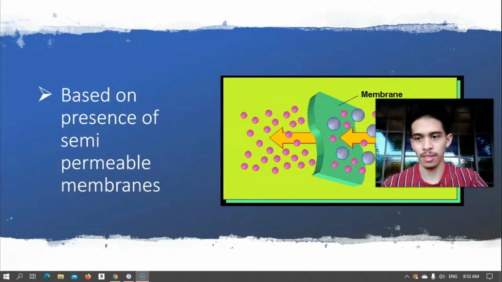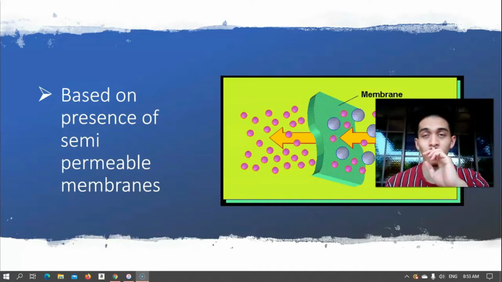For example, the membrane in the filter will remove the big size particles, but conditionally. It must have a pore size that is smaller than the particles that should be removed.